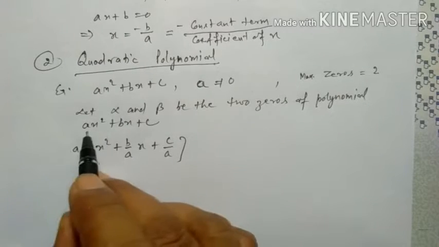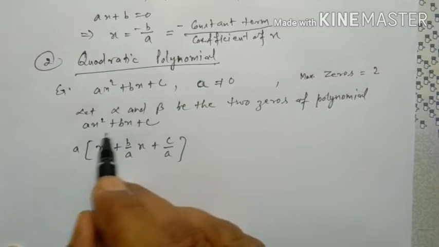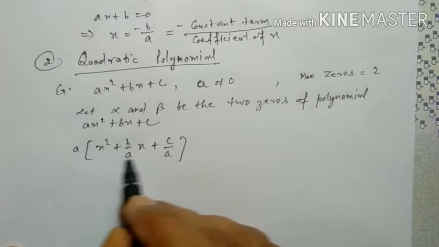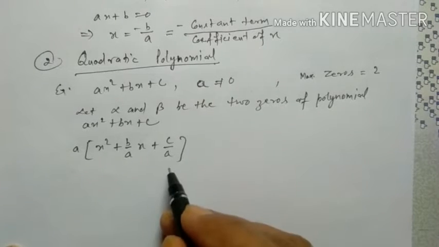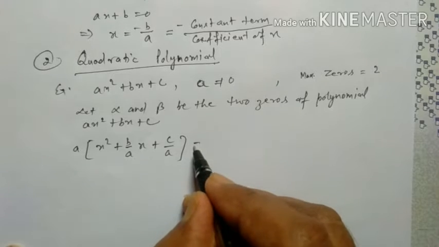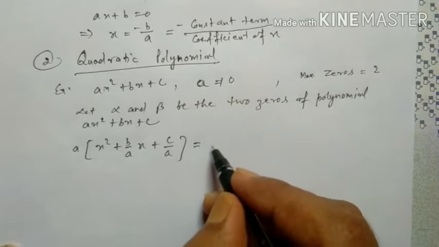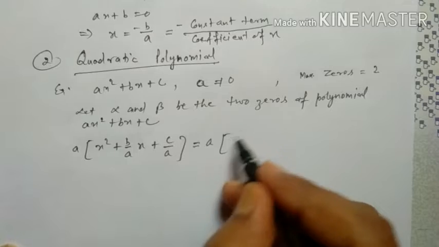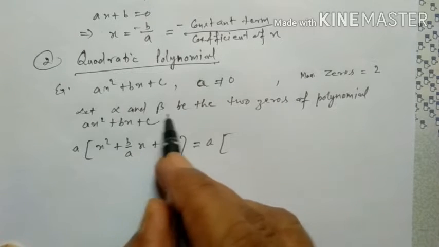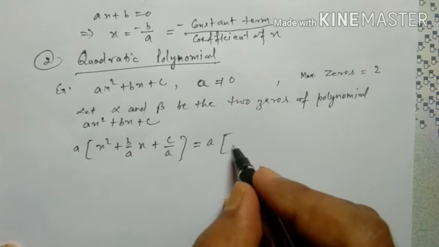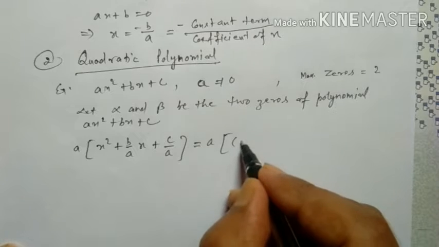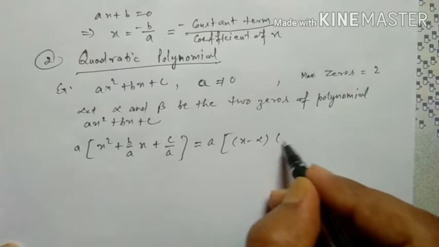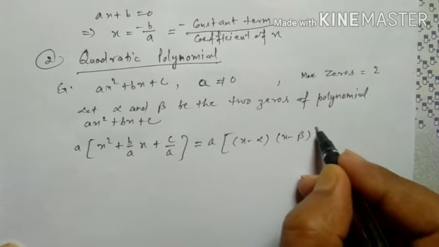This will be equal to a times x minus alpha into x minus beta.